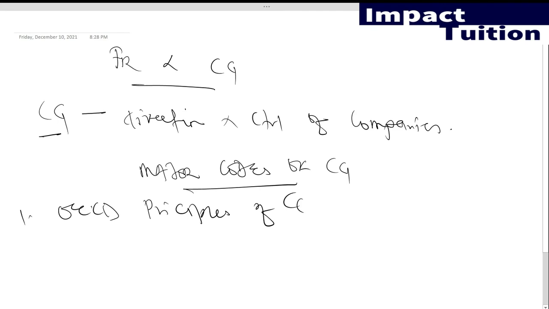And then the next is the ICGN statement on global corporate governance principles.